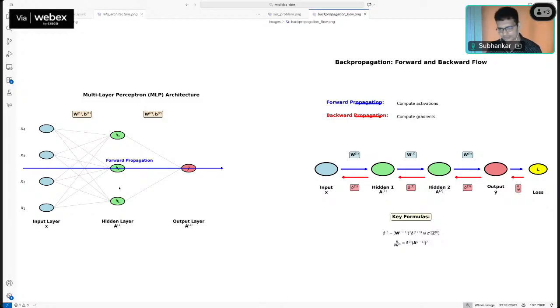We have input layer X, hidden one, hidden two, and then output. In the forward pass, we take x, multiply by w1, add b, go forward, and so on till we reach y. The moment we find y cap, that is the predicted y. Now we have the ground truth, the actual y value, and then we calculate the loss.